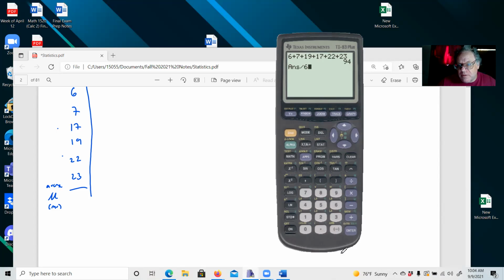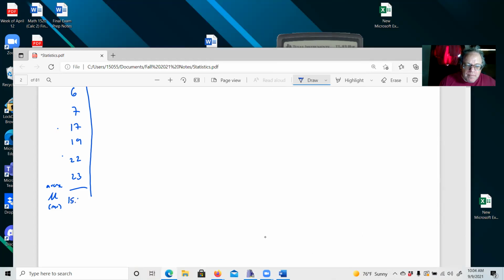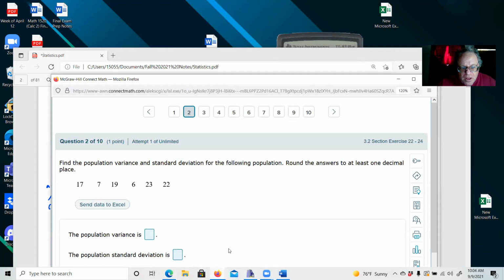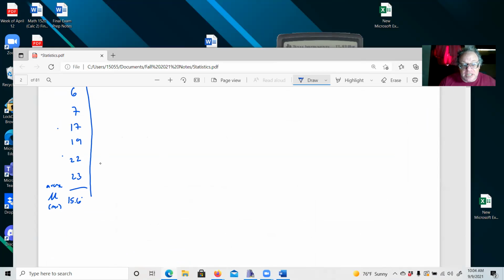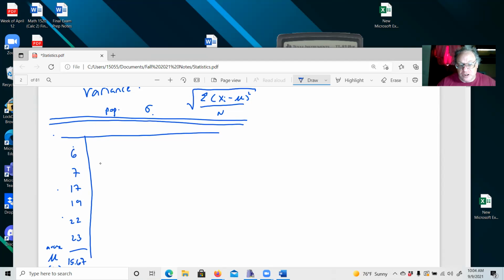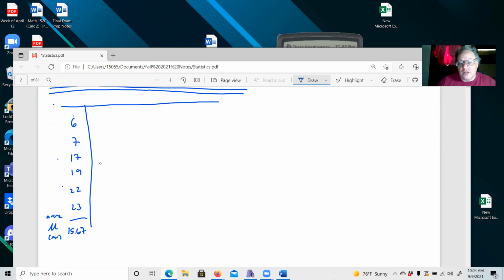That equals 15 and 2/3. Now, let's check this. What did they want us to do? Round to 1 decimal place. So I'm going to do what they call intermediate calculations to 2 decimal places so that I can round when I'm done. So all my work will be in two decimal places so that my last decimal place, when I round my answer, will be accurate.